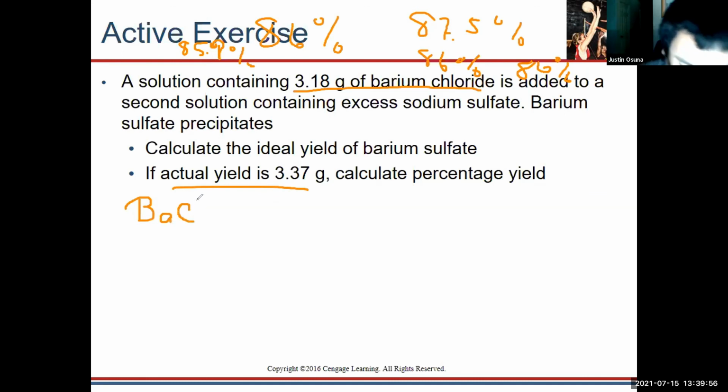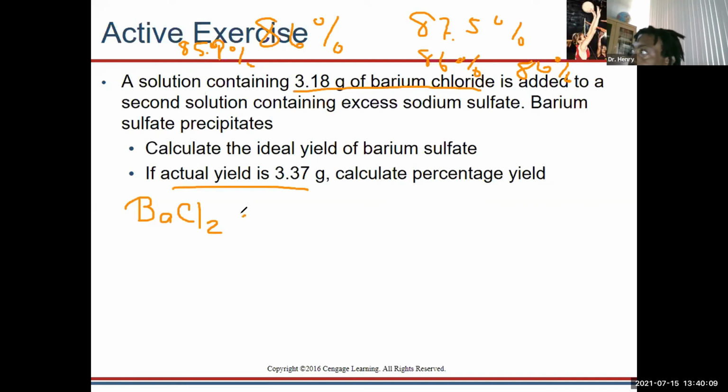BaCl. Barium has what charge associated with it? Is it just one positive? It's two positive because it's in group 2. So we need two chlorines to balance it out. And it's a solution, so it's aq. And then our other reactant: sodium sulfate.